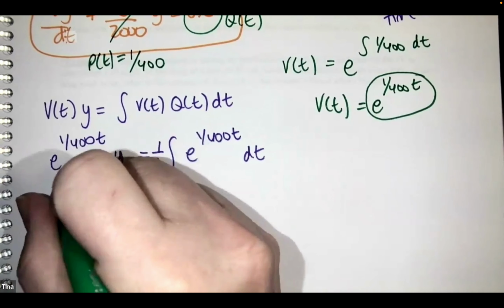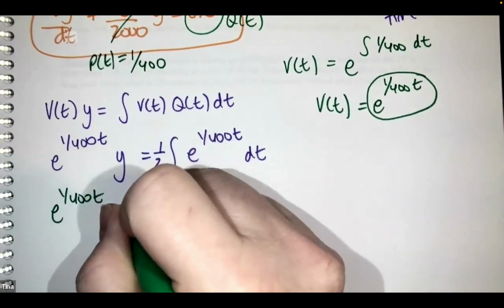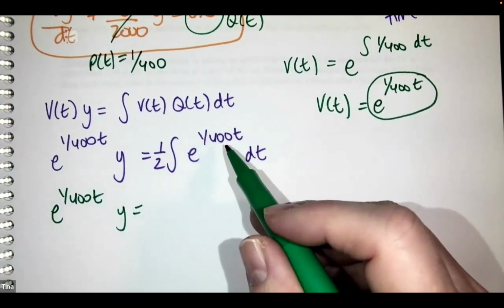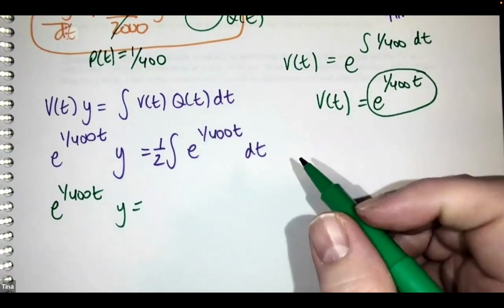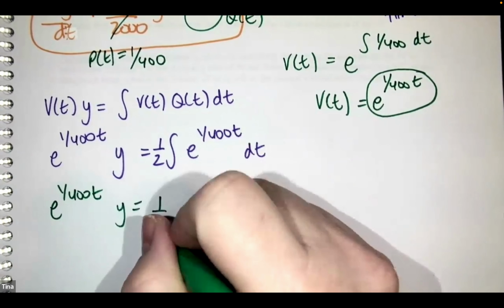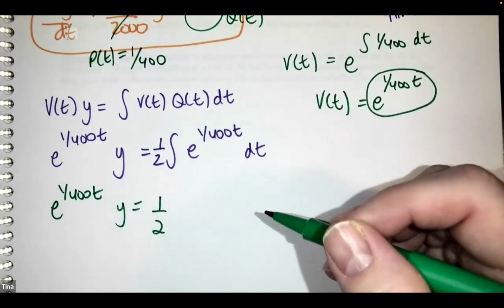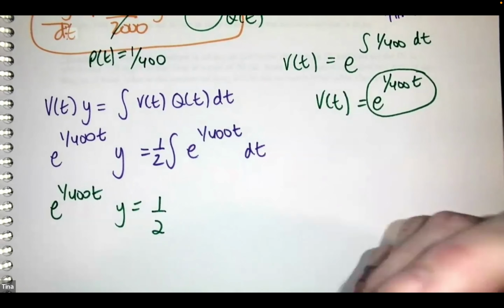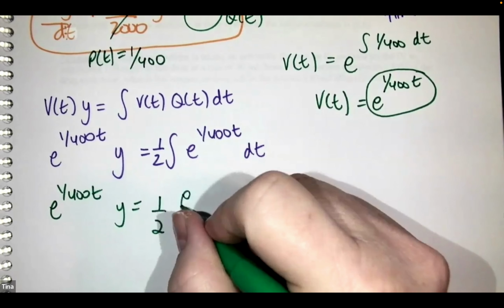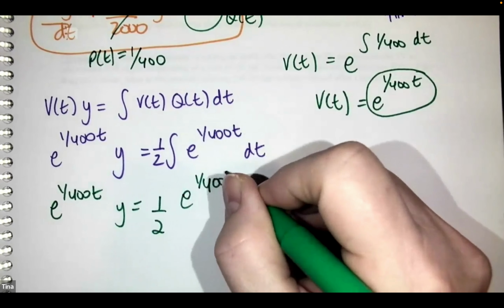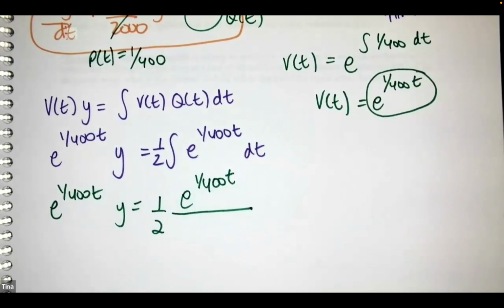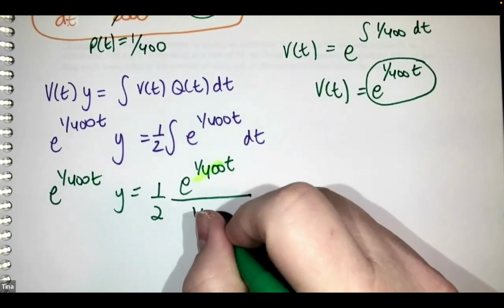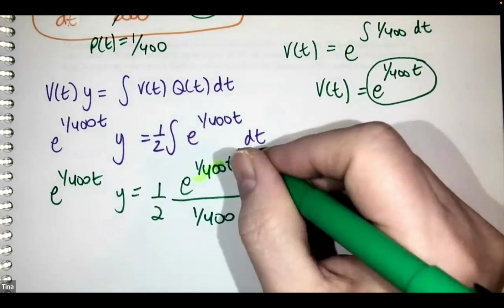So my integral, let's just write down the left side for a sec. Integral of e to the 1 over 400 t here. It's like the integral of e to the 2t is e to the 2t over 2. So it's just annoying. It's e to the 1 over 400 t divided by, right? If it was a 2, we'd divide by 2. So we have to divide by 1 over 400.